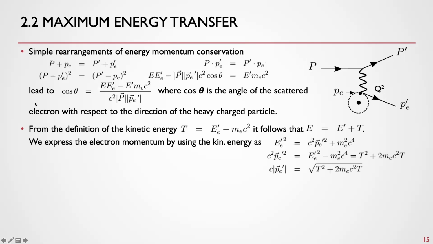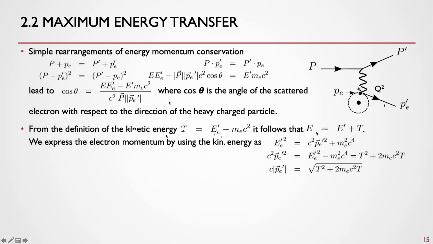Now one needs to take a few steps that are all simple. Each one of them is simple, but as usually in special relativity, you have to know exactly what you're doing. Otherwise, you fill pages with formulae that are correct but useless. So the correct and useful definition is the kinetic energy of the outgoing electron. It's a relativistic kinetic energy, so we take EE prime, the energy of the outgoing electron, minus the rest mass, MEC squared.